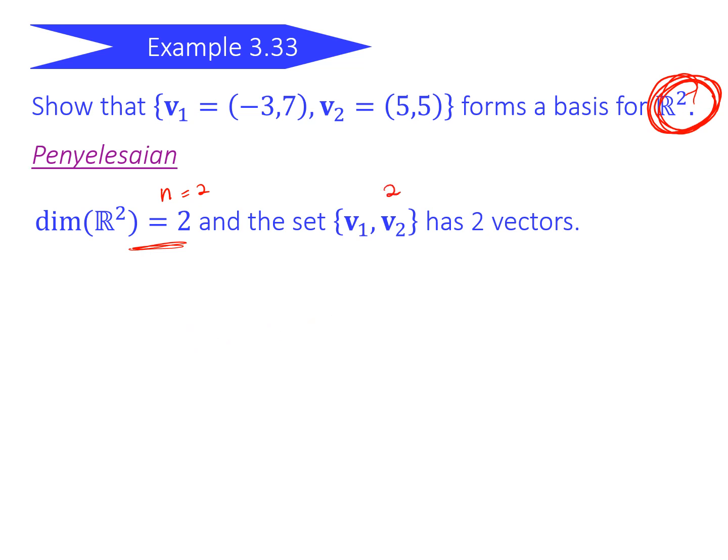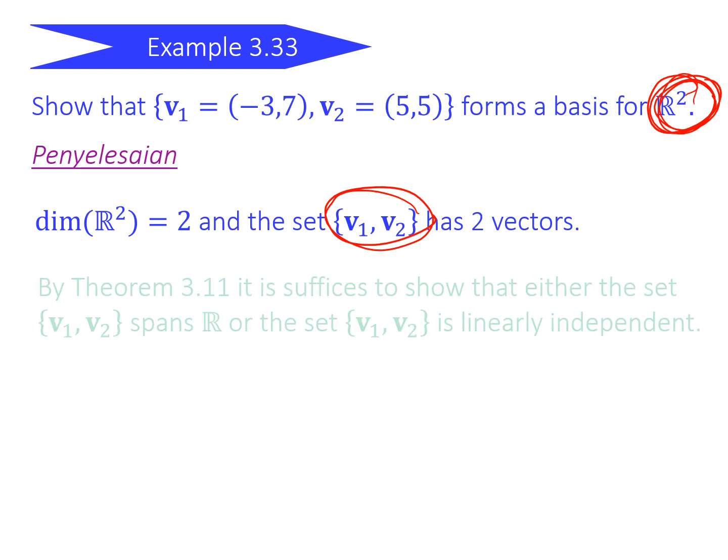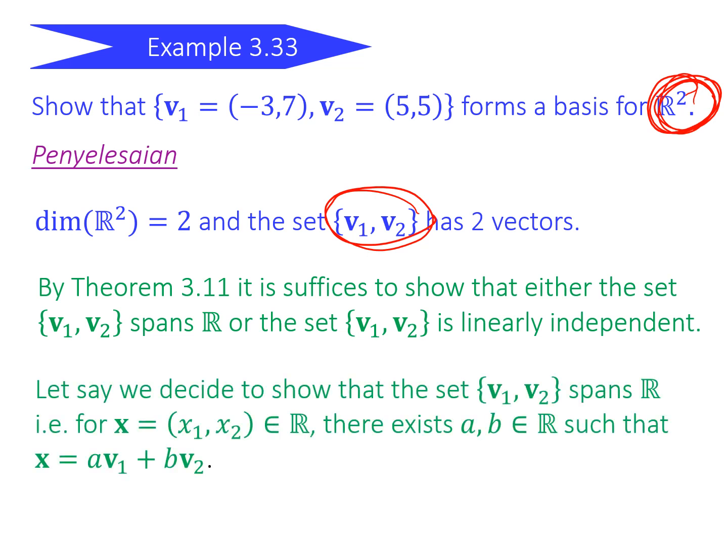Alright, so by using the previous theorem, to show that this set S is a basis for R2, we can either show that the set spans the space R2, or show that the set S is linearly independent. Right? Let's say we decide to show that the set spans R2.